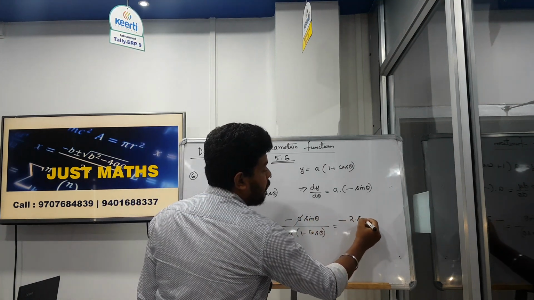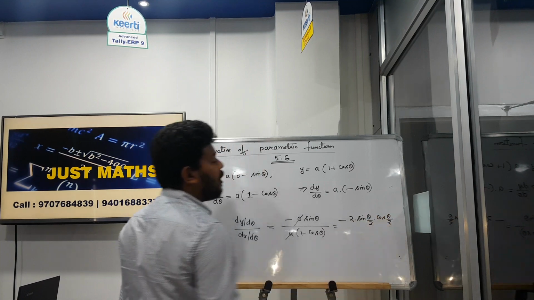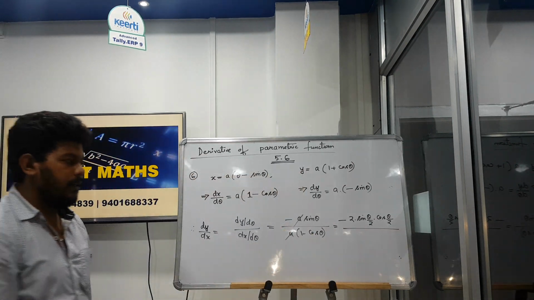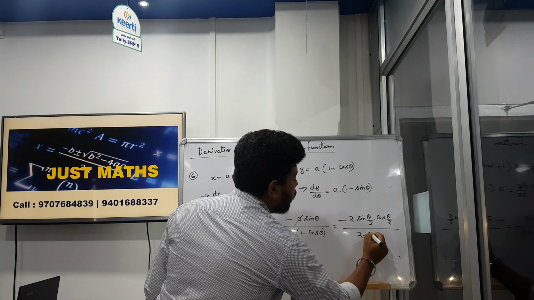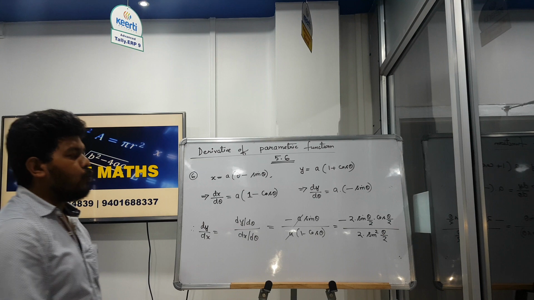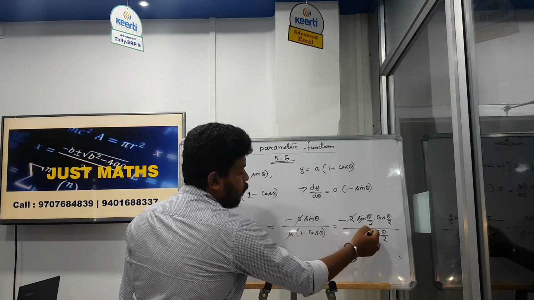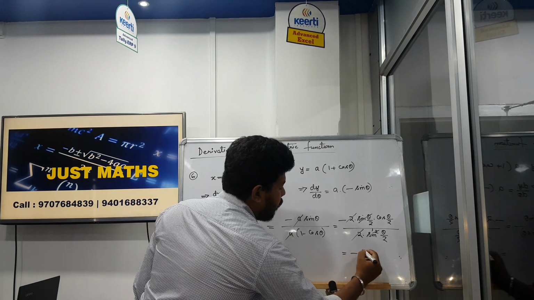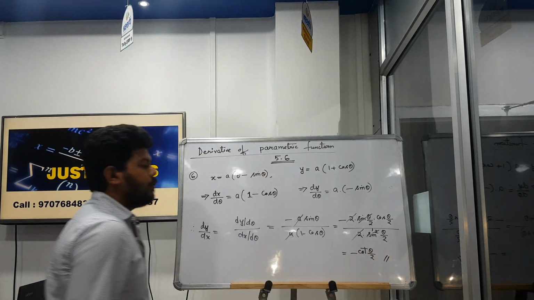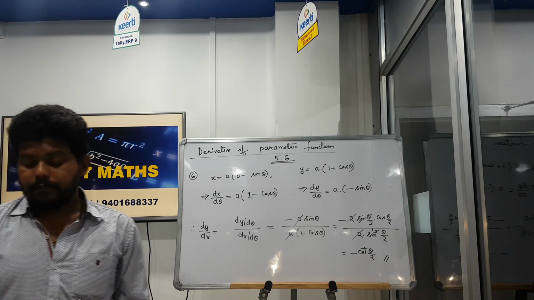Twice sine theta by 2 into cos theta by 2. This is called submultiple angle. And what is 1 minus cos theta? This is twice sine square theta by 2. Hence 2 cancels, sine theta by 2 cancels one, and what is cos by sine? Cot. So minus cot theta by 2. This is your required dy by dx in terms of theta.